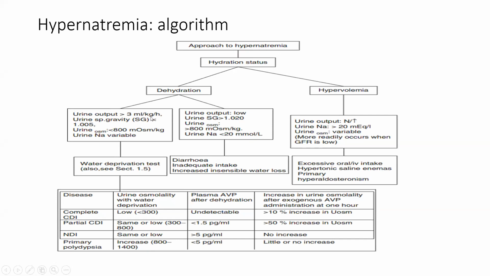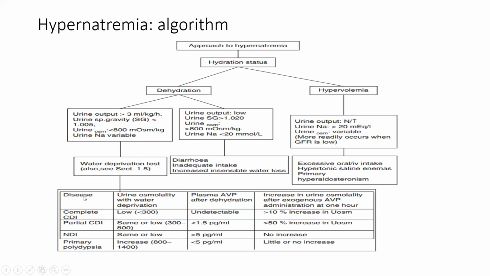If the urine output is more than 3 mL per kilo per hour, you check urine specific gravity, and you check urine osmolarity, less than 800 mmol per kilo, and the urine sodium. So you may suspect other conditions, which means you have diabetes insipidus. So you can do a water deprivation test, then see what you get.